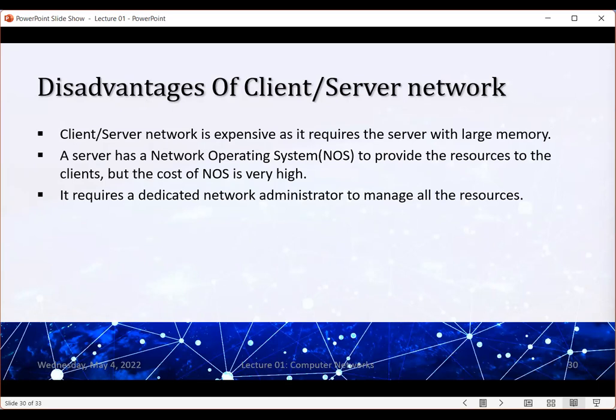Otherwise, it will not connect with the clients. සාමාන්‍ය දැන් කම්පියුටර් එකේ ඉන්ස්ටෝල් කරන operating system Windows desktop version. හැබැයි අපි server එකක් maintain කරනවා නම් ඒ server එකේ තියෙන operating system එක network operating system එකක් වෙන්න ඕන. Otherwise, it will not provide the services, provide the resources to the clients.